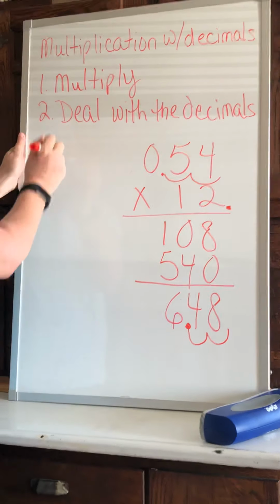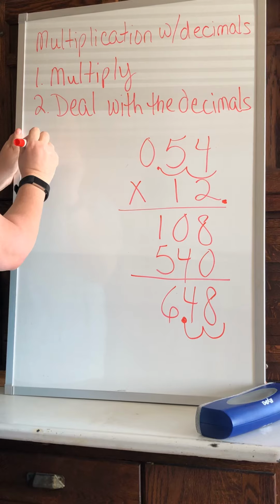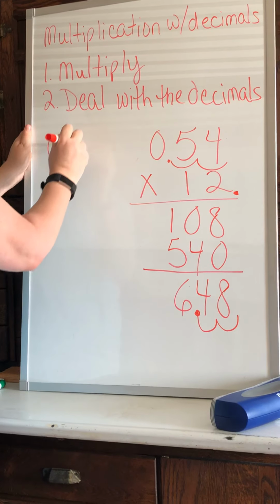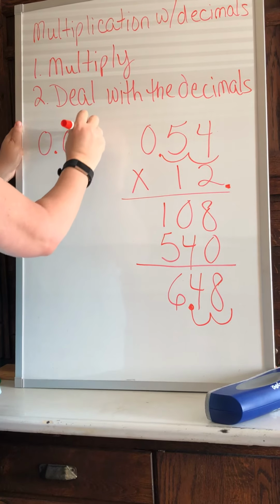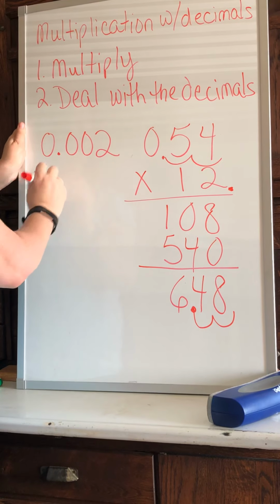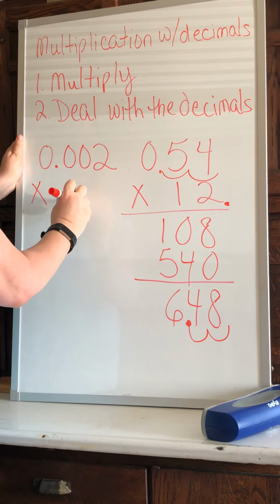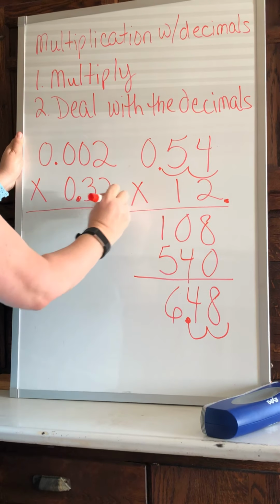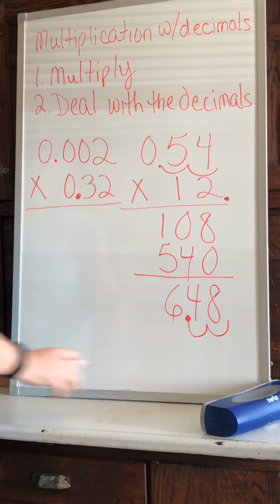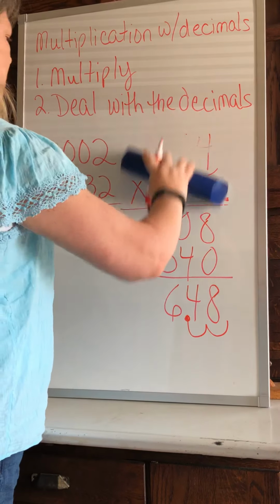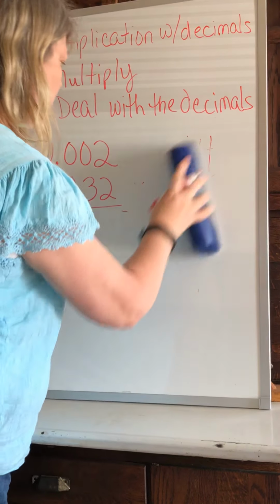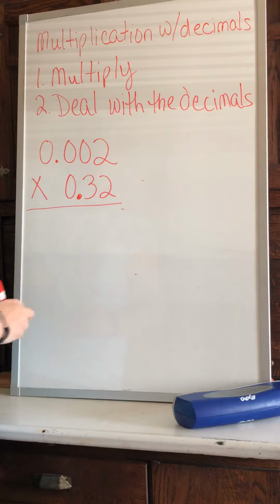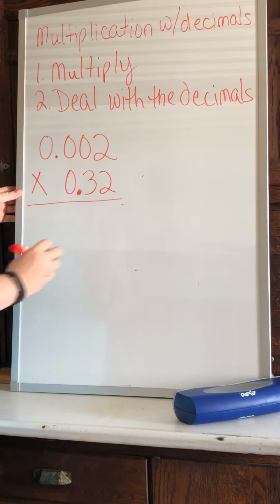Okay, how about this? What if we have 0.002 times 0.32? All righty. Well, let's start it out. 2 times 2 is 4.